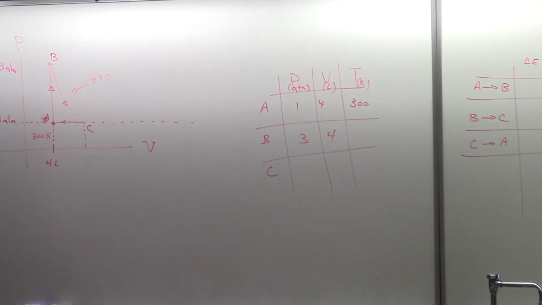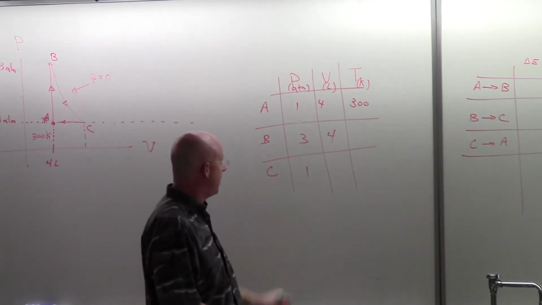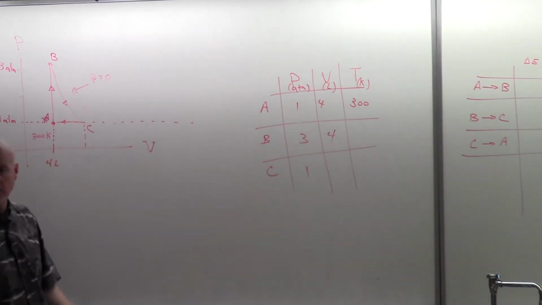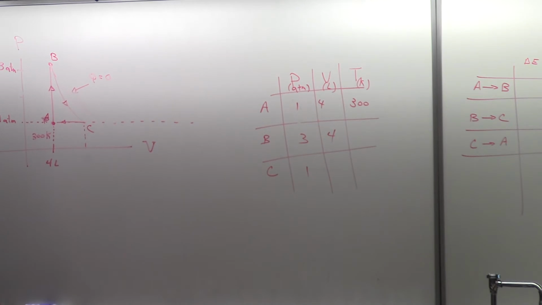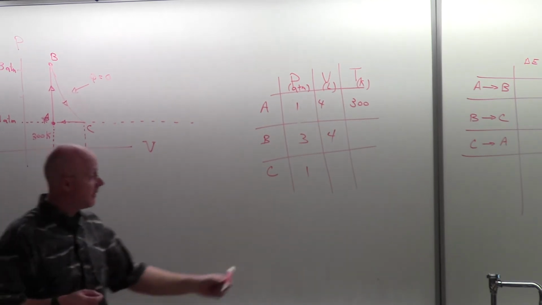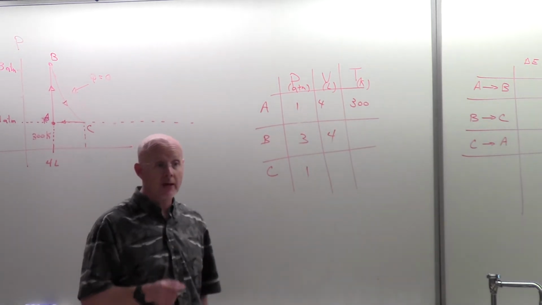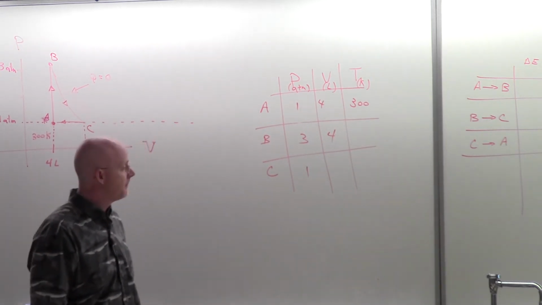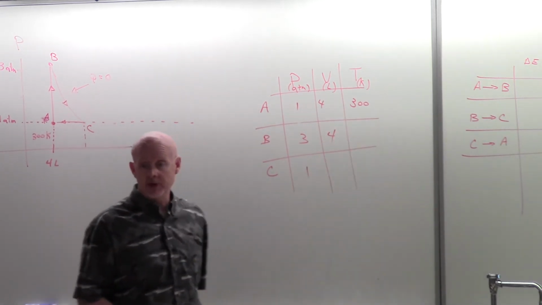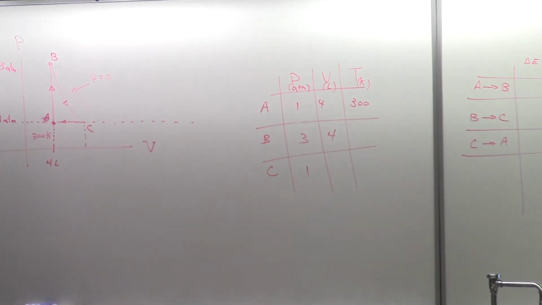C is probably the hardest one of all. They said it expands down to its original pressure. Okay, there it is. But I don't know the volume, and that's really the first question they're asking right here. Right? What is that volume? And of course, I could also find the temperature. I don't know if they're going to ask that later.